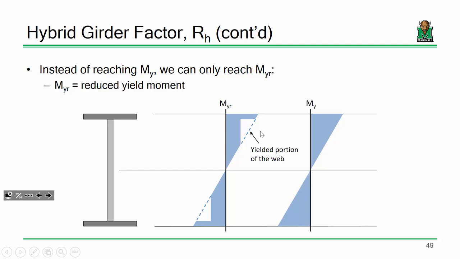Because let's say I hit 70 KSI right here on the top flange. Well, I've already blown through a little bit of the web and yielding right here. Does that make sense? I've already lost a little bit of that capacity. So instead of reaching the full yield moment, we can only reach this reduced portion of the yield moment because some of the web has already yielded, okay?